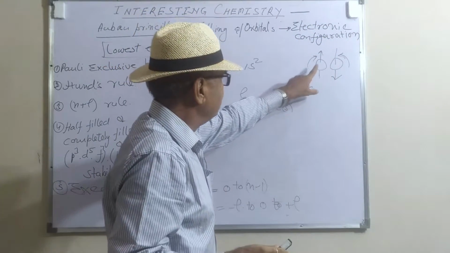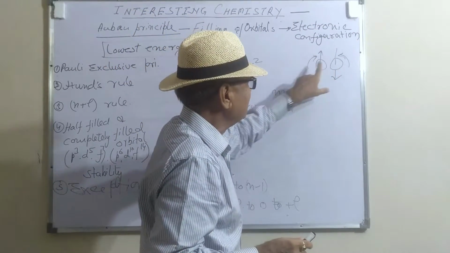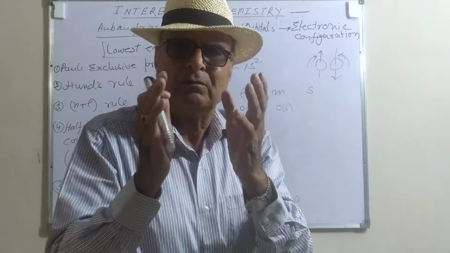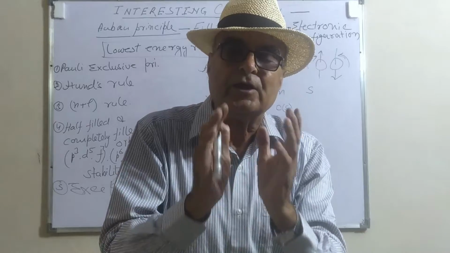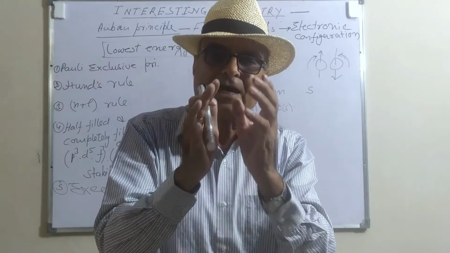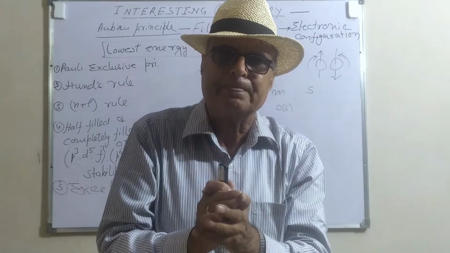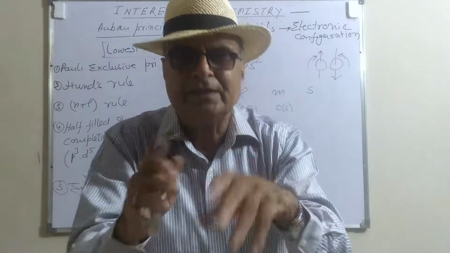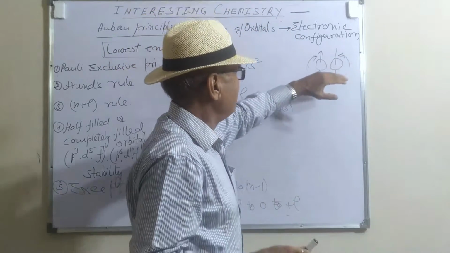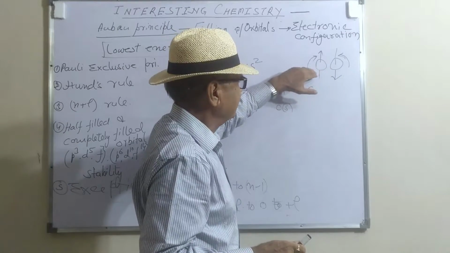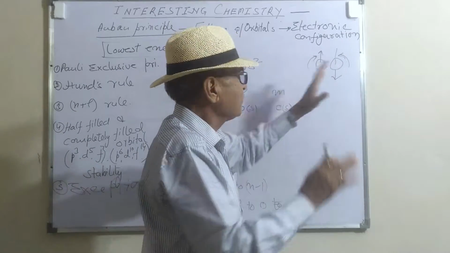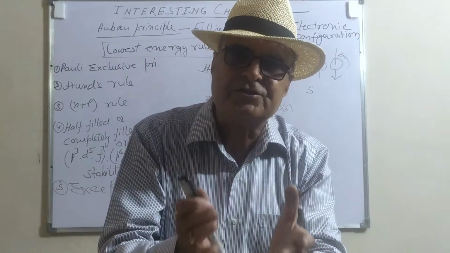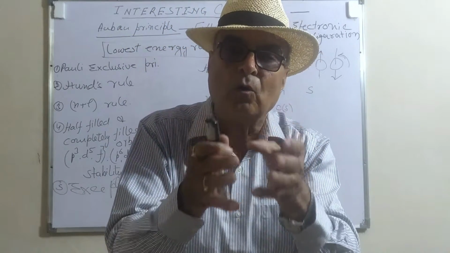So the magnetic fields produced by the two electrons will be of opposite nature, and so both electrons can exist in the same orbital.